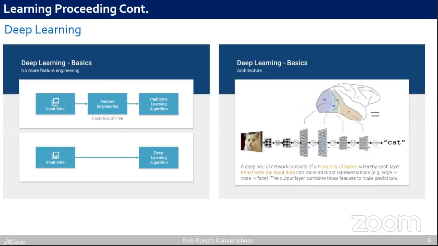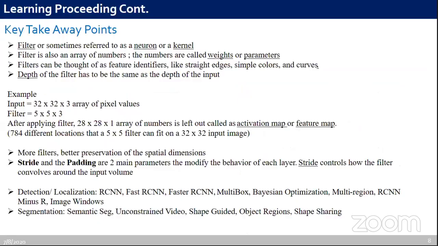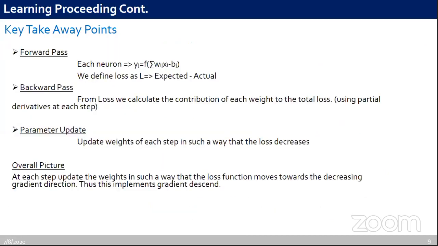I'm giving a cat image, and I'm predicting it as a cat with a score value of, let's say, X. So I have predicted something, but the actual is a cat image. This will have a definite score of difference which can be found out. This difference between expected and actual is calculated as a loss.